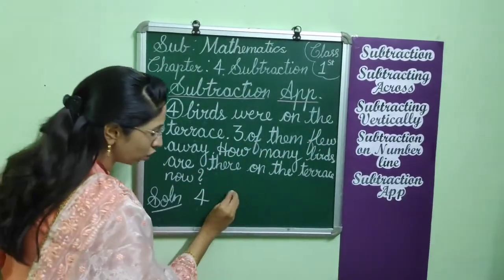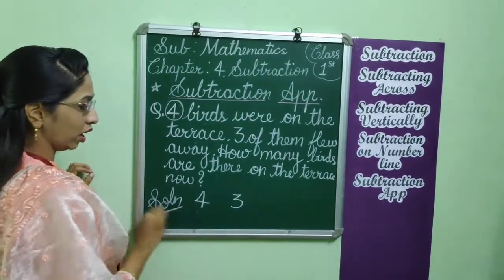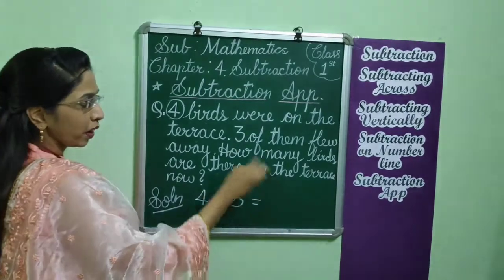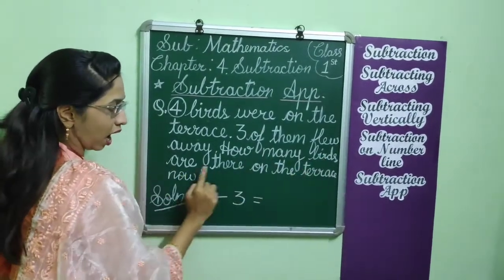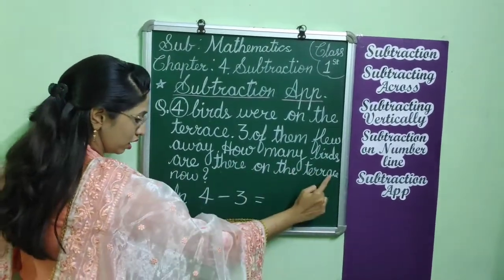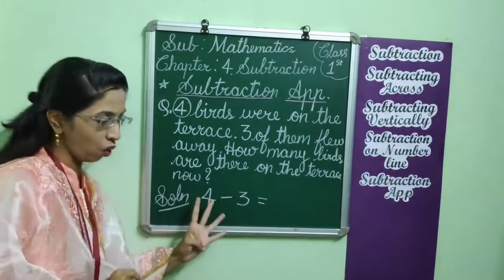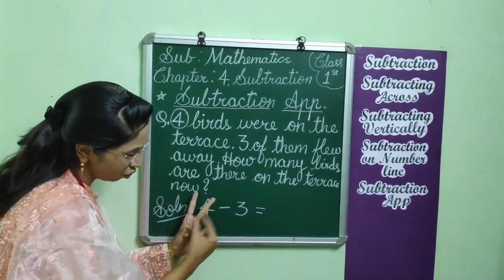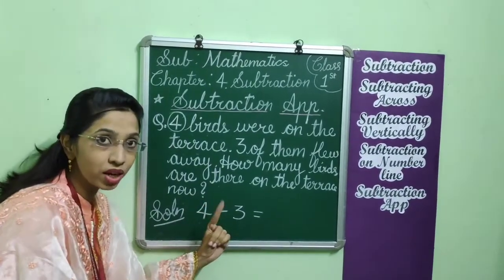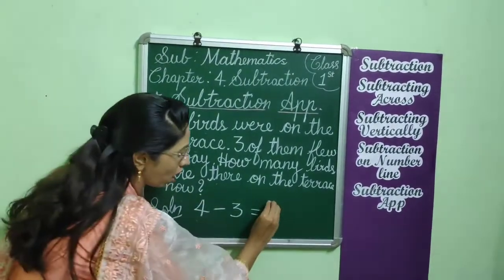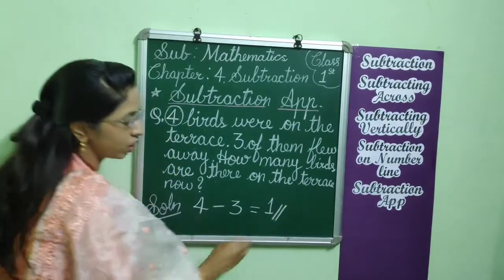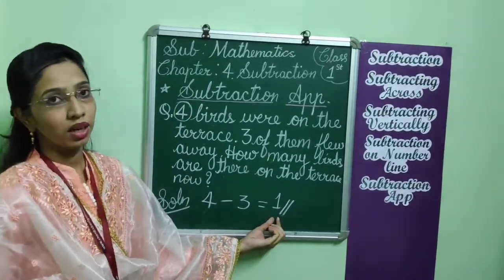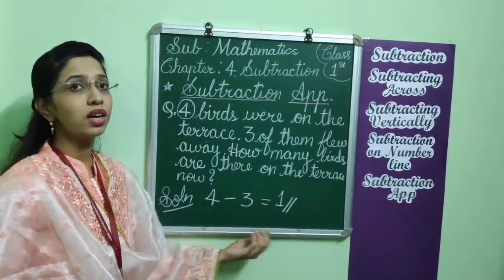How many birds flew away? 3. So what are we doing? Subtracting. How many birds are there on the terrace now? 4 minus 3. 1, 2, 3. How many birds were left? 1. So the solution is there is 1 bird left on the terrace.